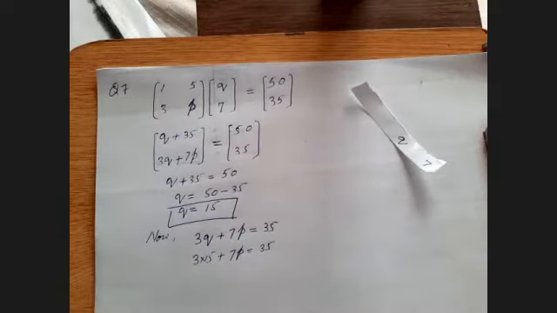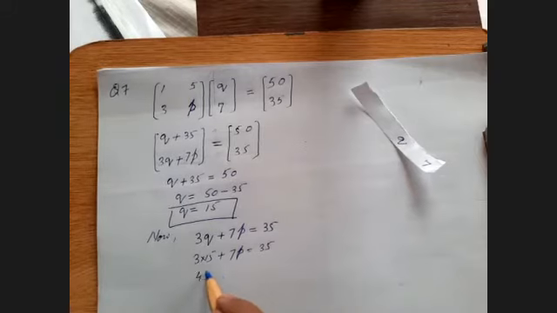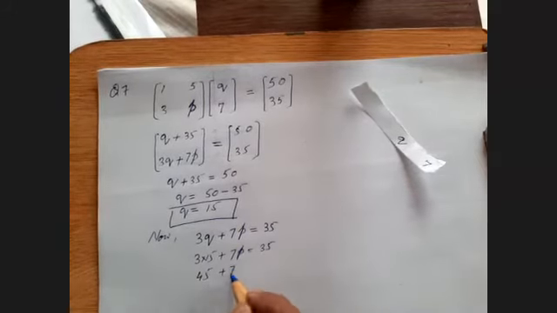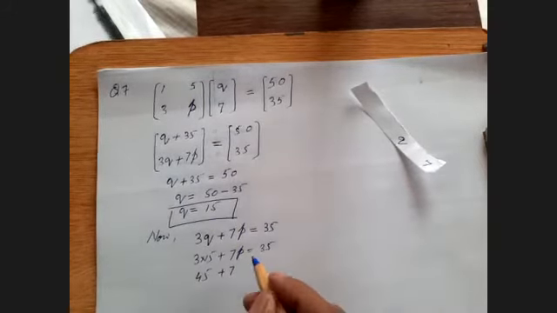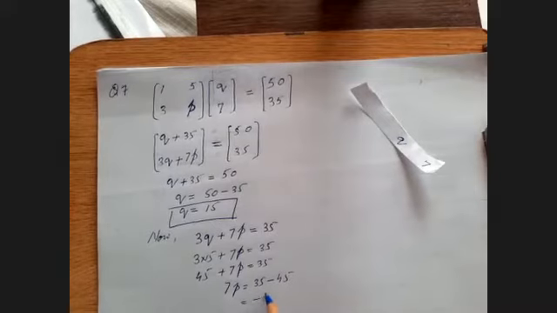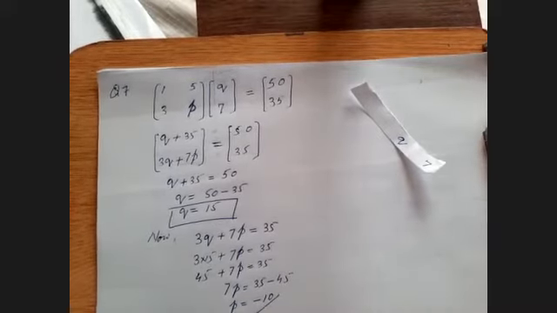Now 15 threes gives you 45. This is 45 plus 7P is equal to 35, and 7P is equal to 35 minus 45, which gives you minus 10. So P is equal to minus 10 over 7. In this way, you can very easily find out the answers carefully.